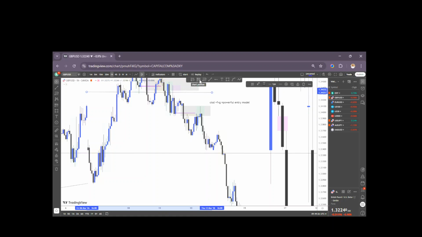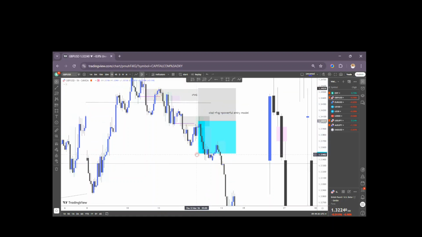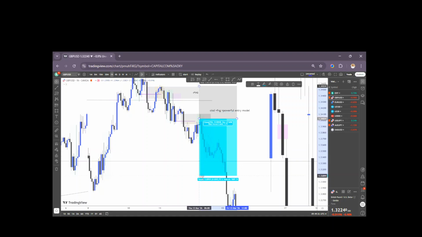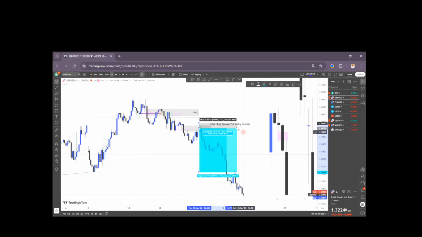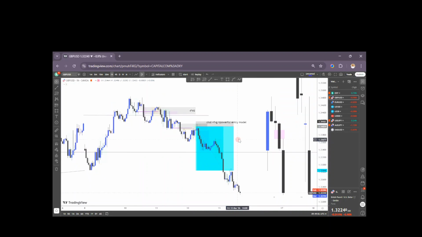So you would have taken your shots from the mean threshold of that, aiming for the next sell side liquidity, which was this low, and placed your stop loss just above this high here. And you'd have made almost 1:8, heading to 1:9, and this was a very powerful trade. Yeah, so the same with EU.